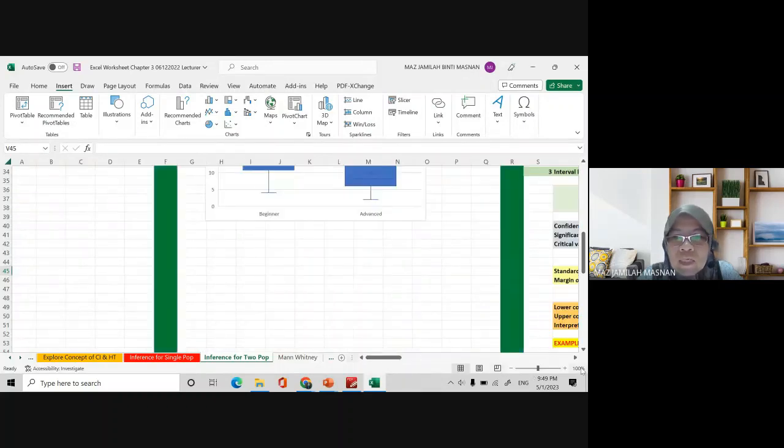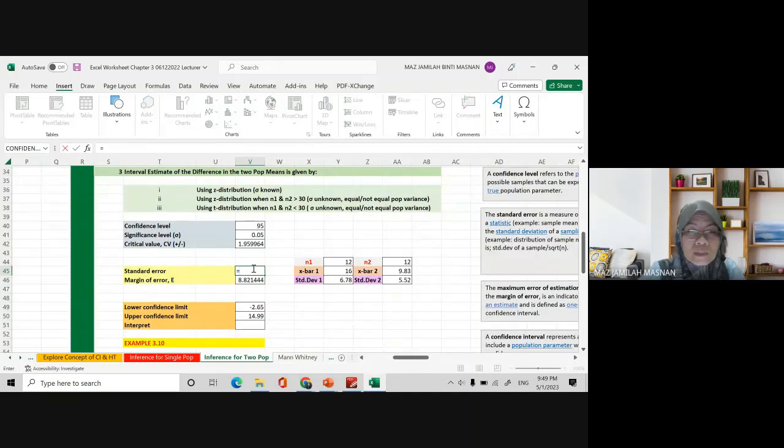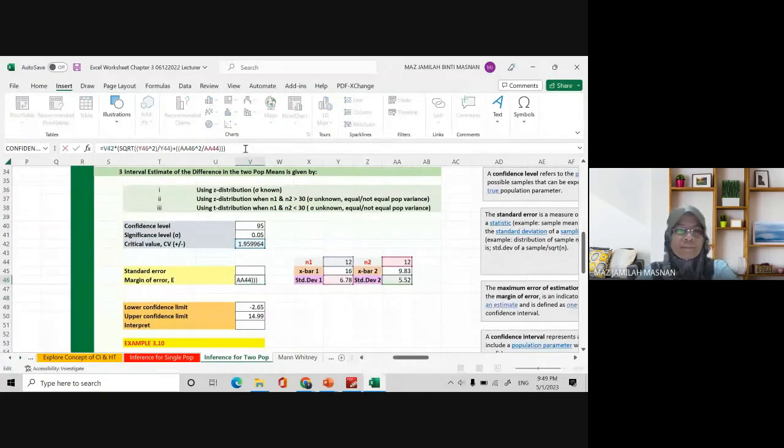If you wish to calculate the standard error, it is calculated over here. But in this case, I don't think we need to calculate the standard error. We just need to find the margin of error. So what is the margin of error?